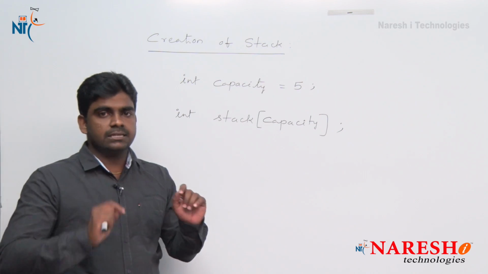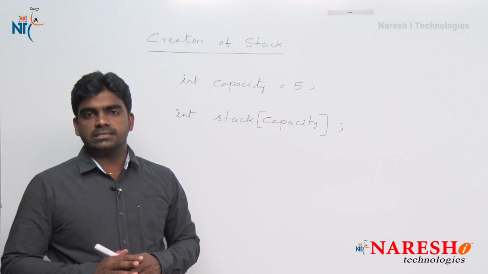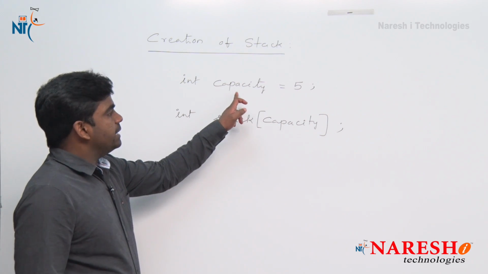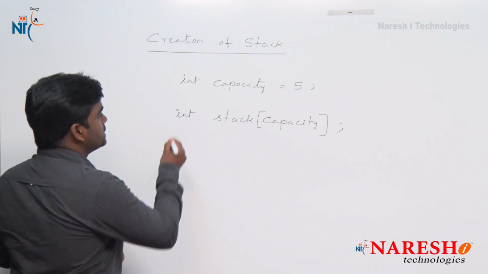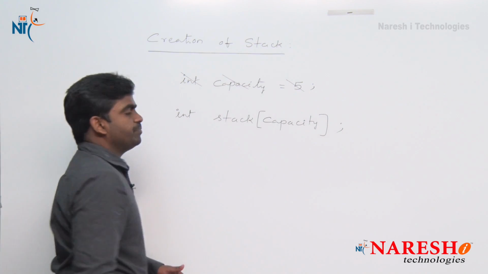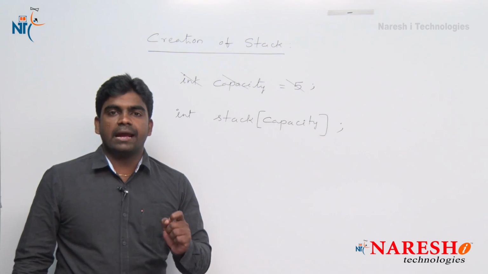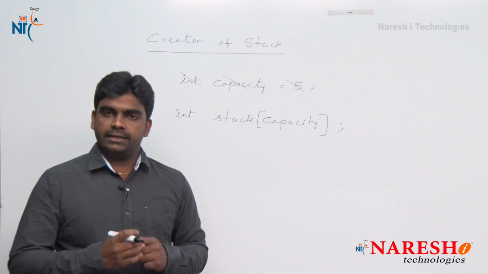In a size you cannot specify an ordinary variable. Then when is it possible? Instead of declaring ordinary variables, we have to declare a macro. A macro is nothing but a constant.